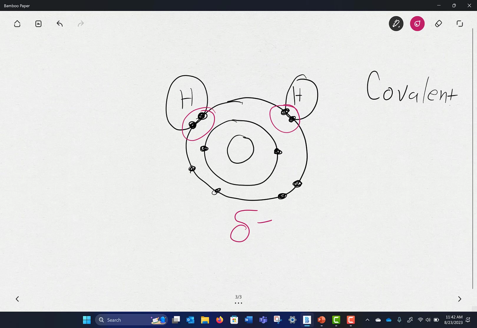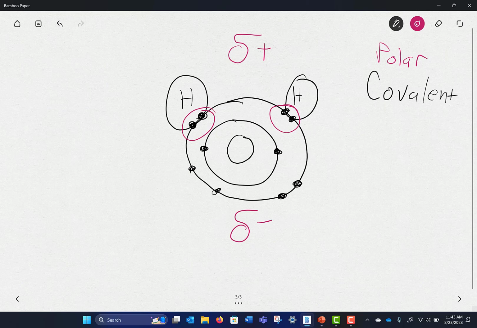And the hydrogen side, since it doesn't hold on to the electrons as much, it is slightly positive. A water molecule has a covalent bond, but they do not share equally. They share unequally. So we call this a polar covalent bond.